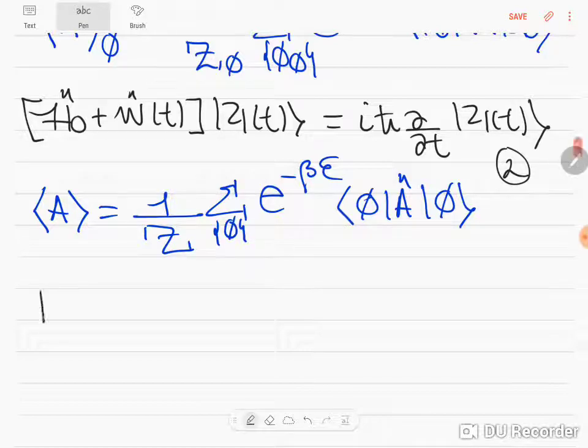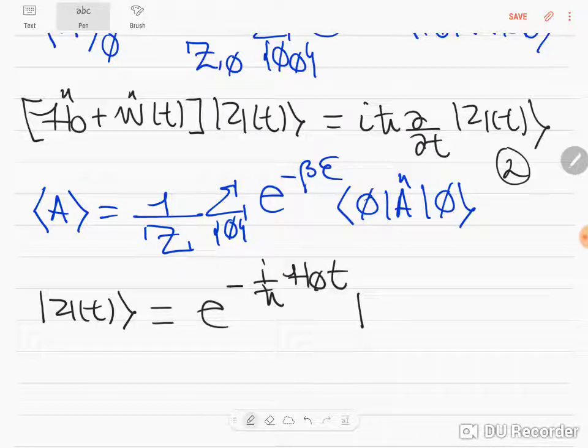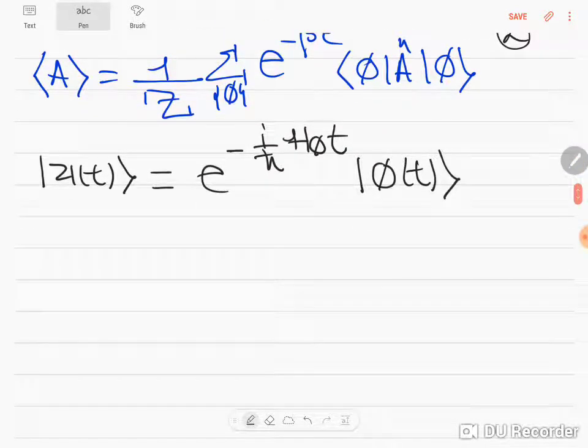Let's say that psi of t evolves in time according to e to the minus i over h bar H0 t times some other state phi of t, which we will see is related to the perturbation, and we label this equation as equation 3.